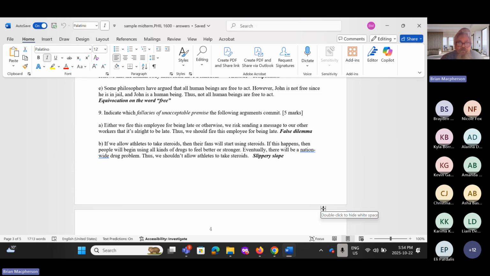That's a false dilemma. You don't have to fire an employee because they're late. Maybe you could dock them whatever time they lost, or you could give them a warning. You don't have to fire them, right? Nor are you necessarily sending a message to others if you don't fire them. So therefore, it's a false dilemma. There could be other alternatives besides A or B, all right?